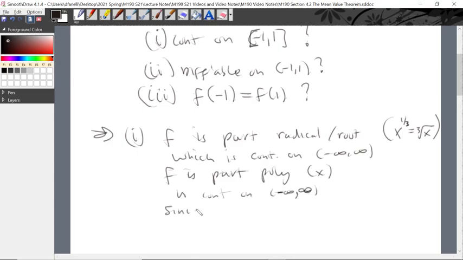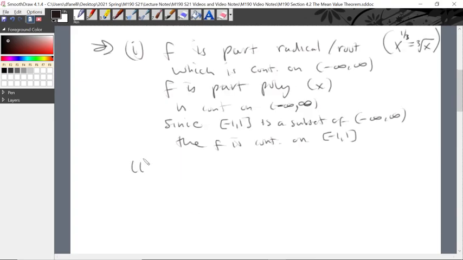So since the given interval -1 to 1 is a subset of all real numbers, then f is therefore continuous on the closed interval from -1 to 1.